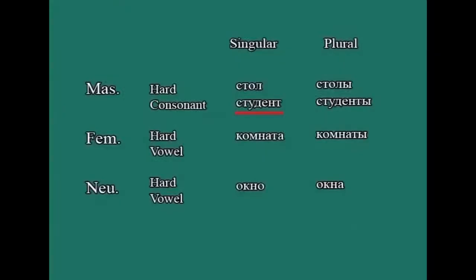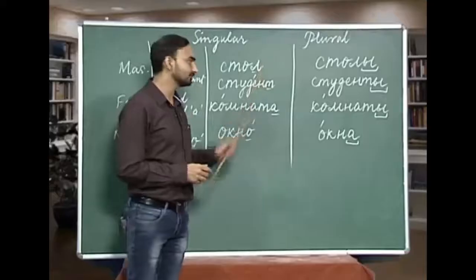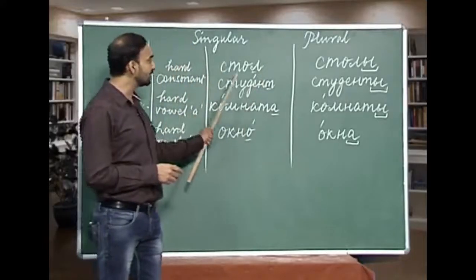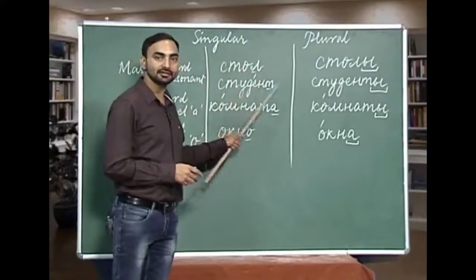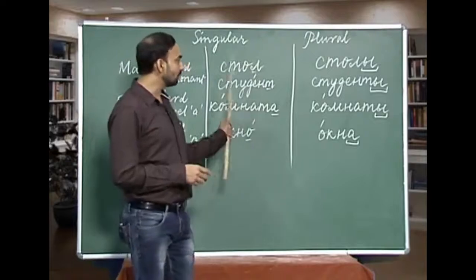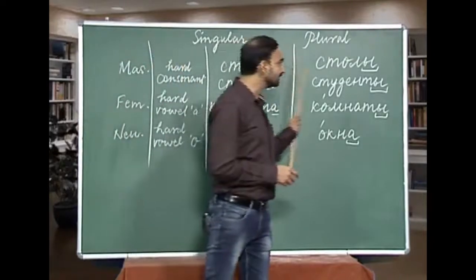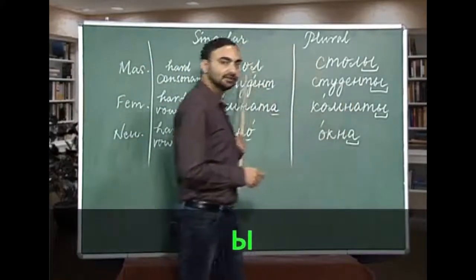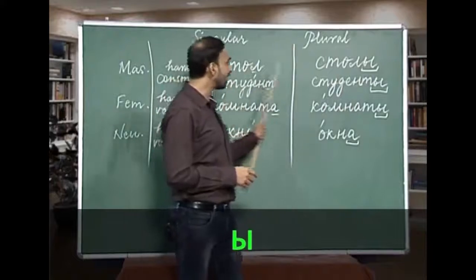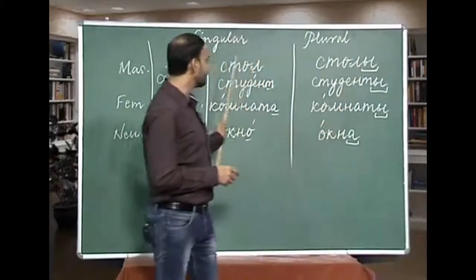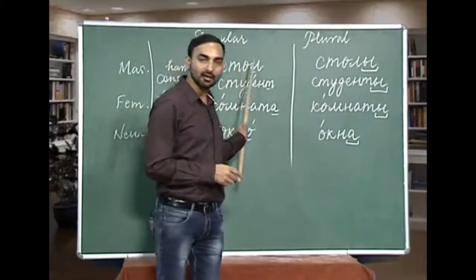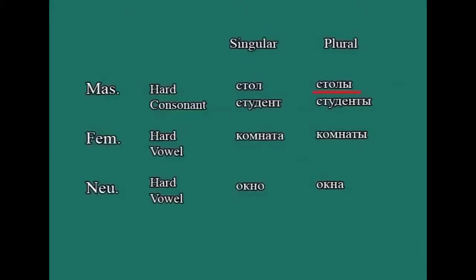Стол is table. The second noun we have is студент. So, how do we make plural of стол and студент? It is very simple. What we do is we add ы after the nouns. For example, what will be the plural of стол? Столы, tables.